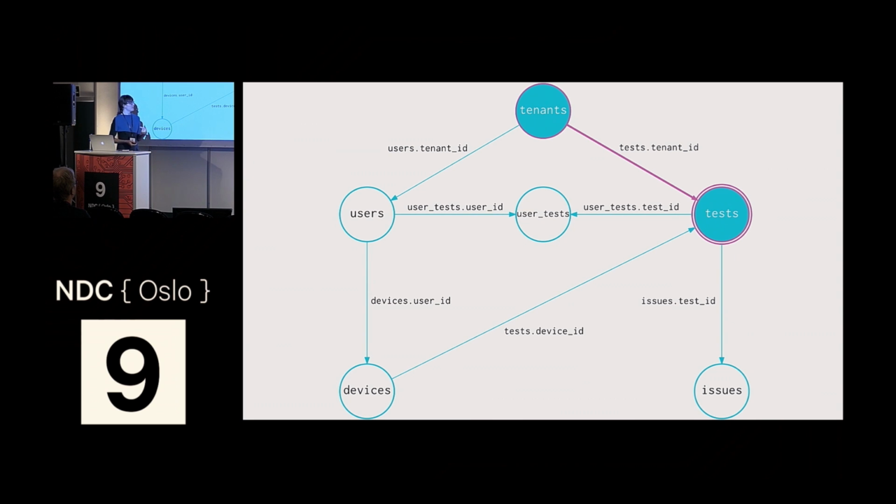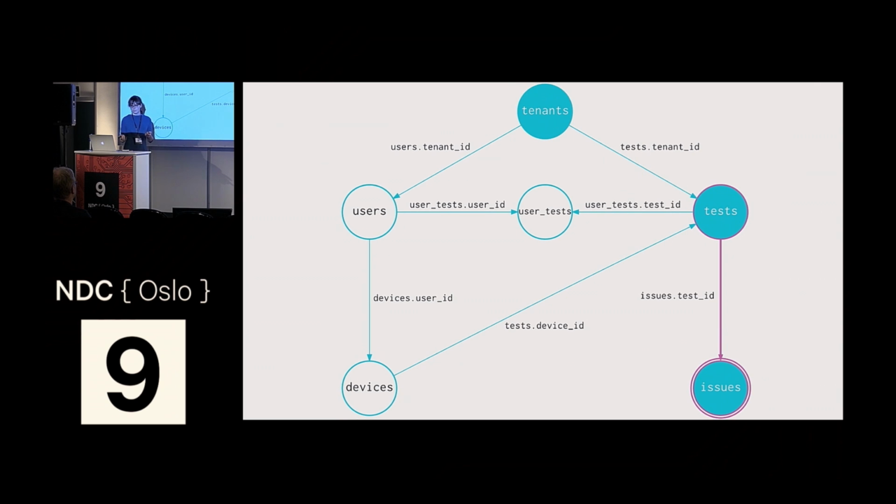So we do that. We go to tests, add the test primary key information to that vertex. We finish the edge, and we just do the same thing all over again and scan for foreign keys involving tests. The first one for us is going to be issues with our scheme. So we do the same thing. We start building the edge. We recurse.